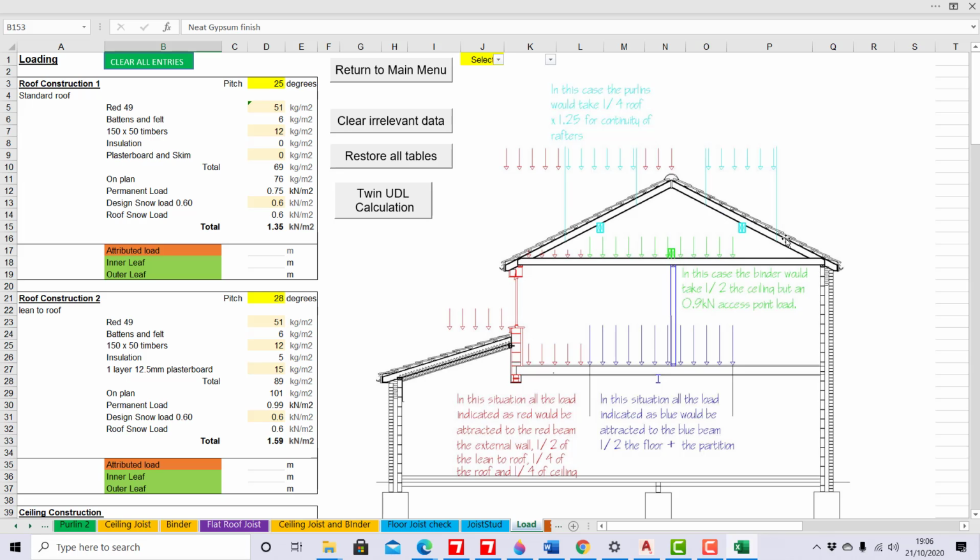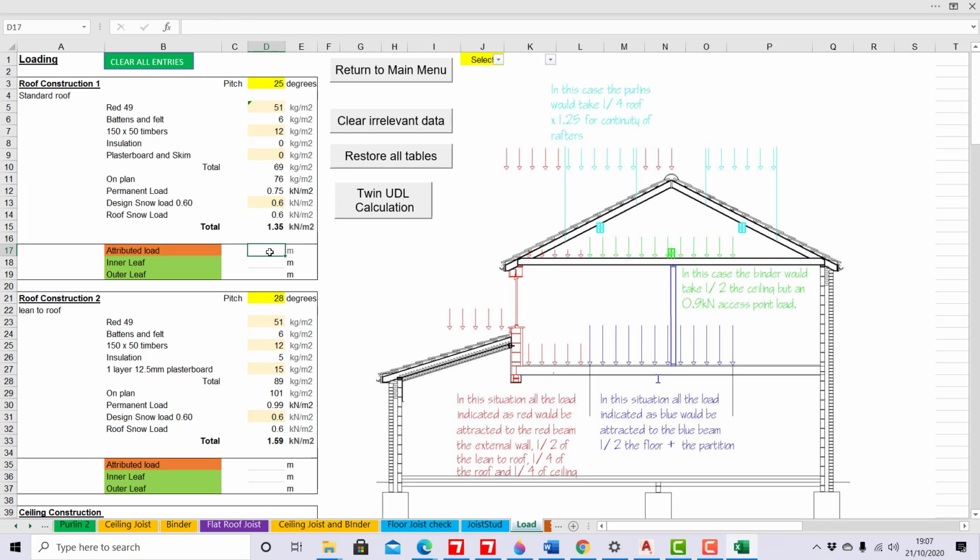Now you wouldn't just take from there to there. You'll take from the purlin to the wall plate, because this part of the rafter still ends up going down in axial. So you would take from there to there. So there's 2 meters of roof load if that's 8 meters from side to side. So there's 2 meters of roof load going down that plate.